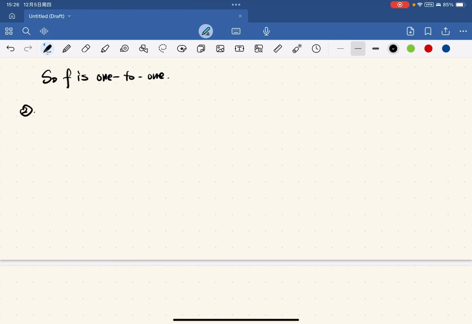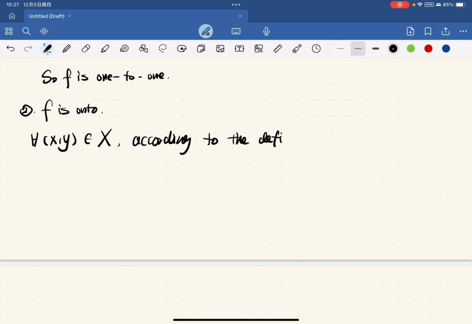Second, let's prove that f is onto. For any point (x, y) in X, according to the definition of X, we have y equals mx plus c.